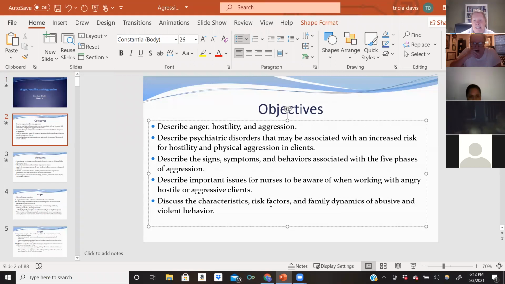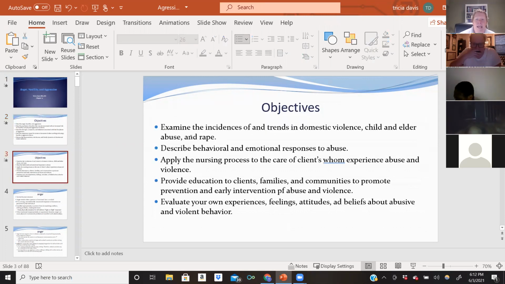Discuss the characteristics, risk factors, and family dynamics of abuse and violent behavior. Examine the incidence of and trends that we see in domestic violence, child and elder abuse, and rape. Describe behavioral and emotional responses to abuse. Apply the nursing process to the care of the clients who experience abuse and violence.